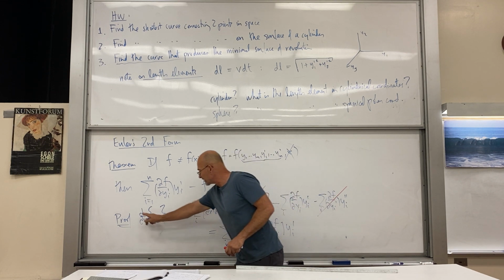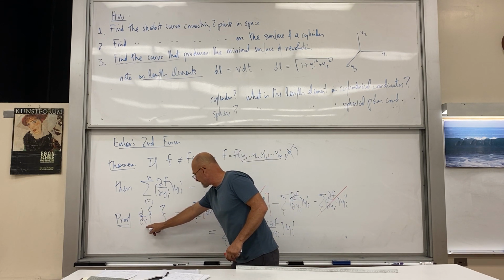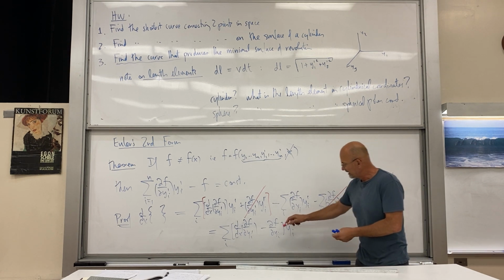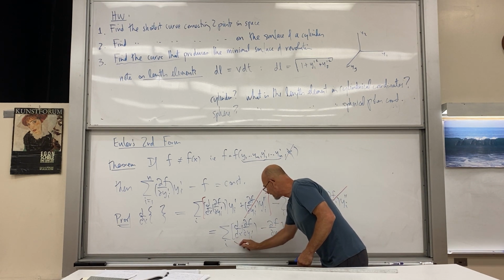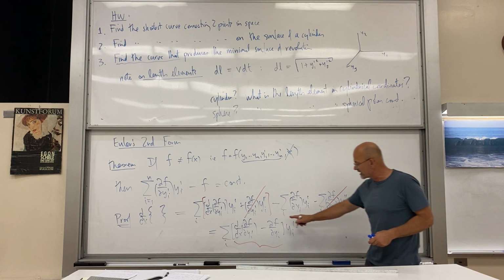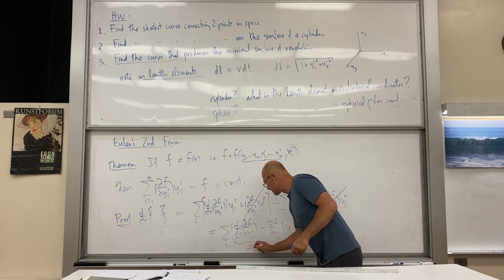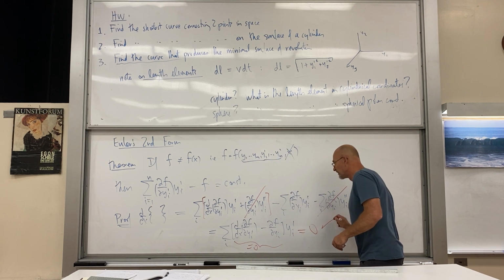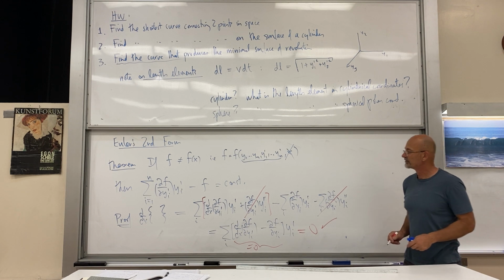So that's what this complete derivative with respect to x gives us. And what you'll see is what's inside the square bracket is just the Euler-Lagrange equation. So each one of these individually vanishes, and therefore this whole thing vanishes, and that proves it.